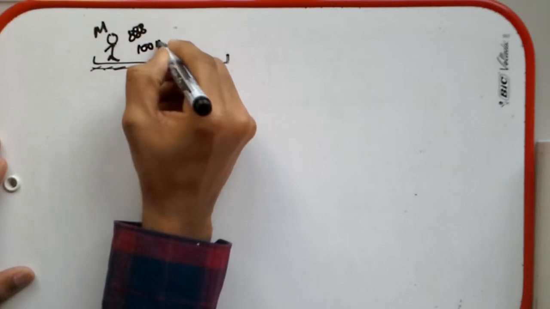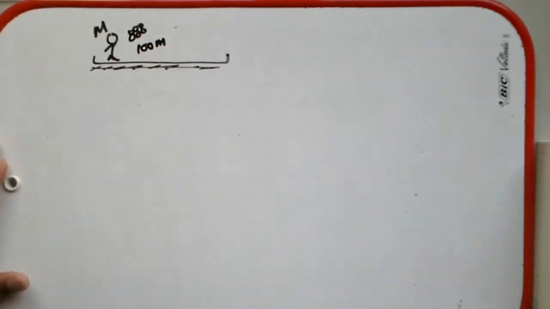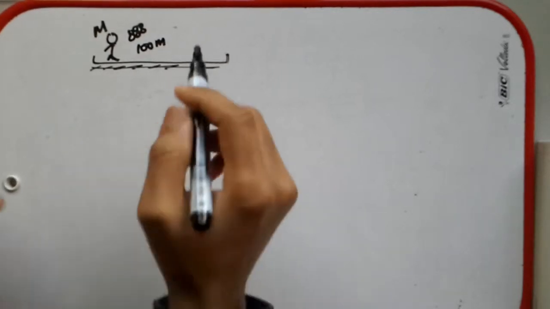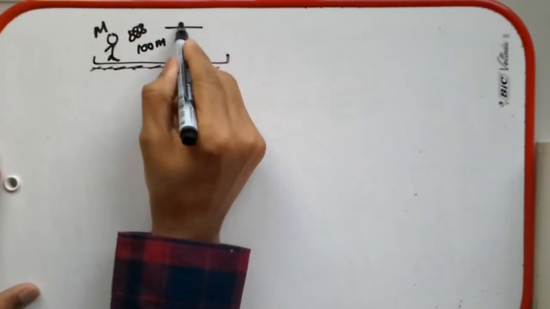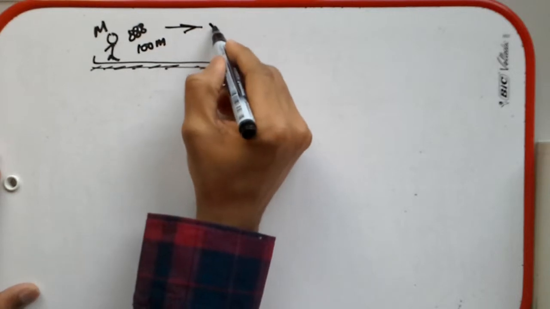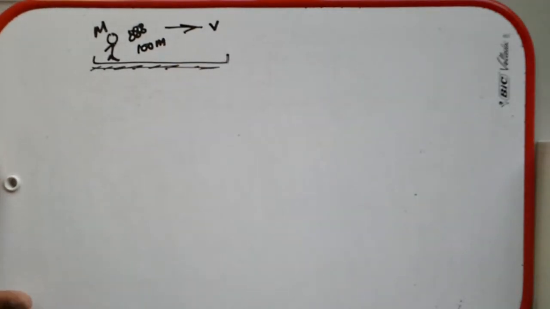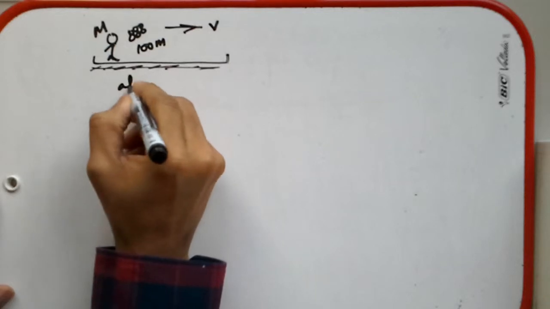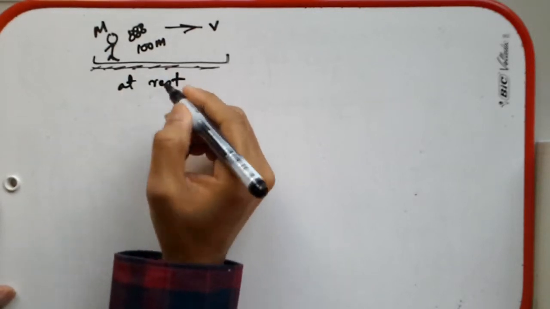Each marble has a mass of small m. Now he's throwing all the marbles at once in the horizontal direction with a velocity small v. Initially the system is at rest.